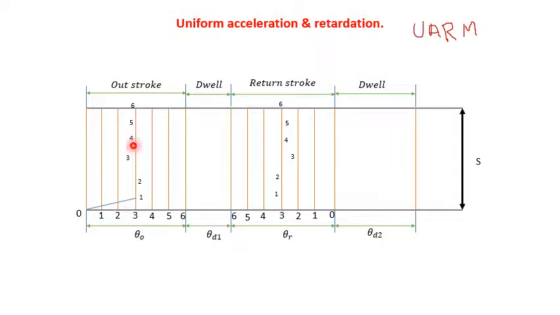Okay, so this is the first division of the middle line. Again, from the same corner draw a line to the second division. Then from the same corner draw the line to the third division.